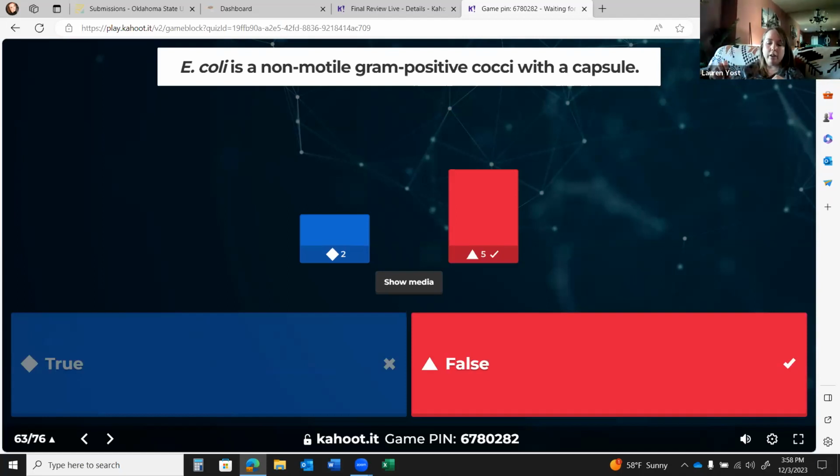It's one of the more commonly motile things. If I were to show you a specific organism that was motile, that's usually what we use in the lab. E. coli is reliable for that. It is gram negative. It is a bacillus, so it's rod shaped. It does have a capsule. So if you guys remember the capsule stain slide on the lab exam, the one with the background and the halo around the clearly rods, right? That was E. coli. So.